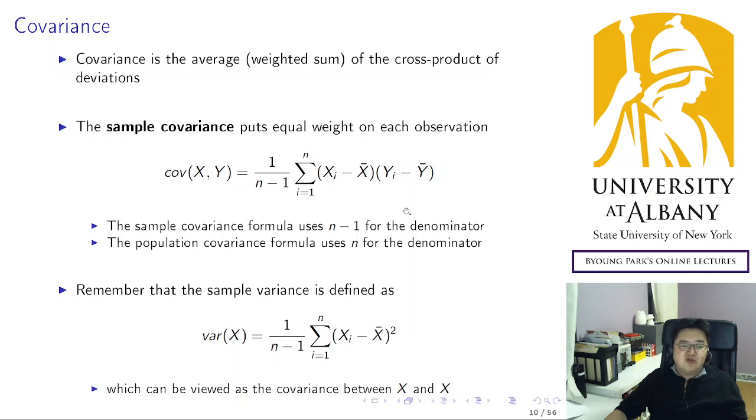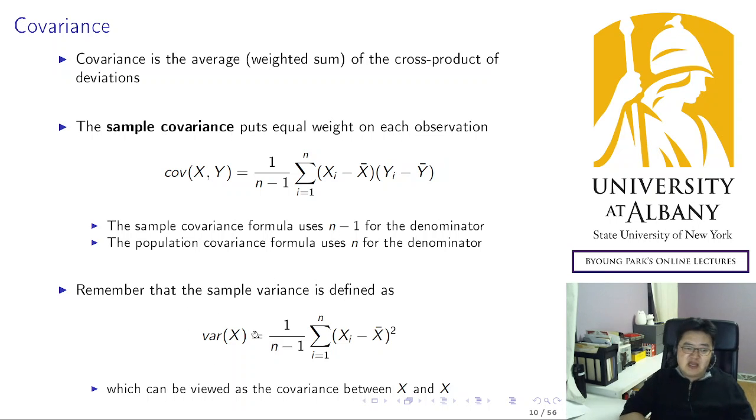Another thing you can find here is if x equals y, so think about y being the same variable as x. Replace this y with x. Then they are the same deviation, so it becomes x deviation squared. So the covariance comes down to a variance, right?